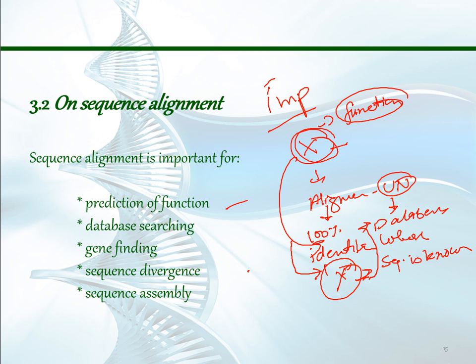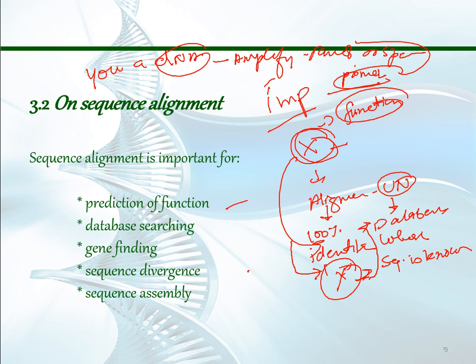So database searching means, suppose you isolate DNA, amplify with random or specific primer, and after that you send it for sequencing.